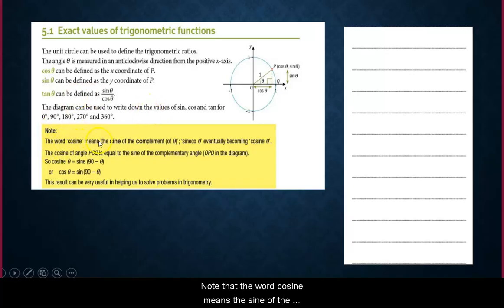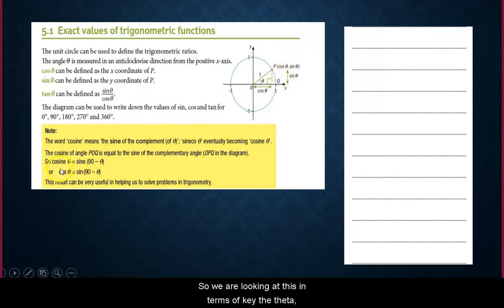Note that the word cosine means the sine of the complement of that angle, where theta represents the angle. It is sine of the complement of theta, eventually becoming what we know as cosine theta. So the cosine of angle POQ is equal to the sine of the complementary angle, in this case OPQ, instead of OQP.